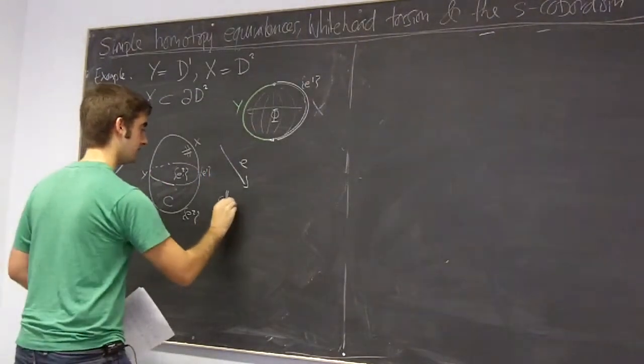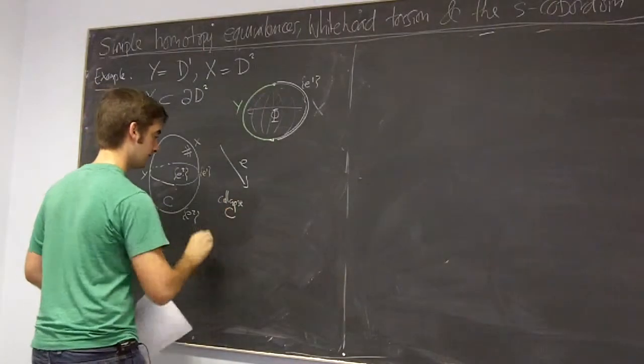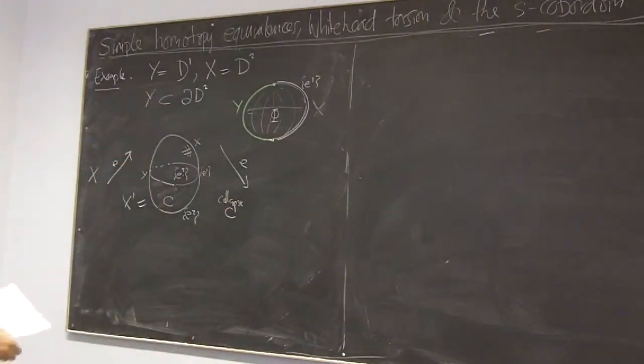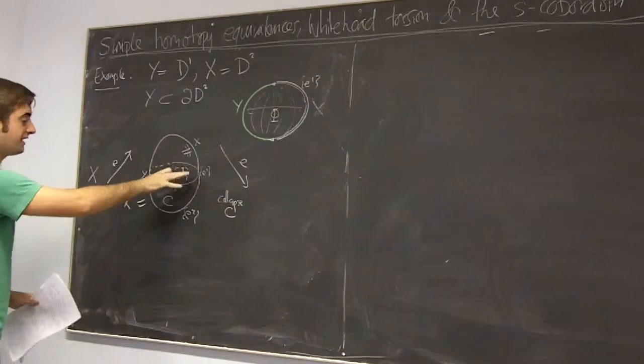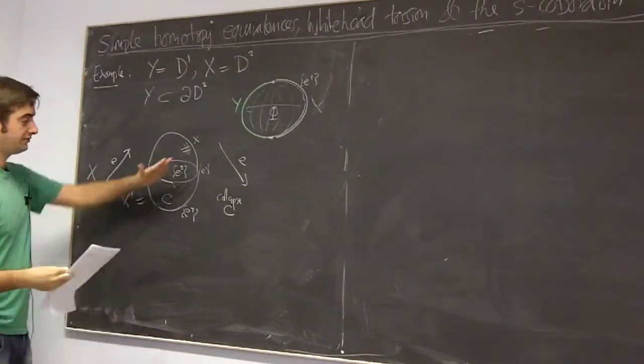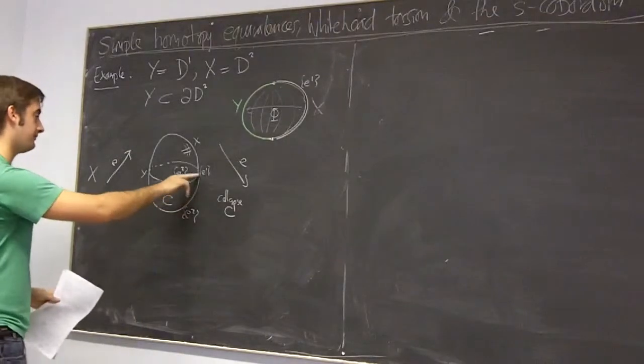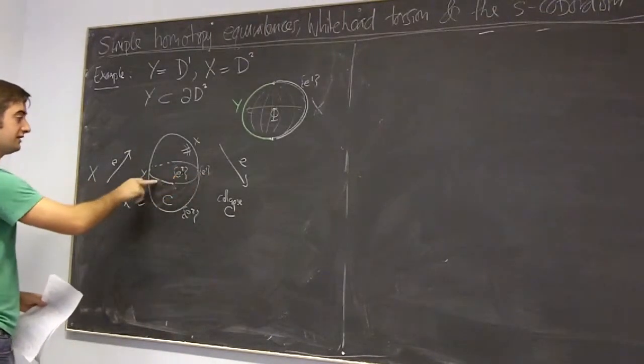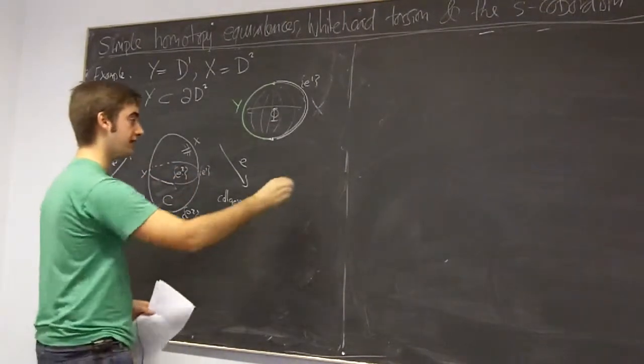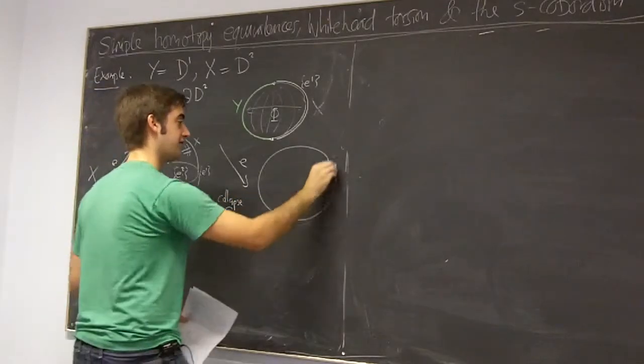Collapse C. So just imagine this disk being collapsed round like that, and this takes this E1 all the way to Y, and we end up with a cell decomposition that looks like this.